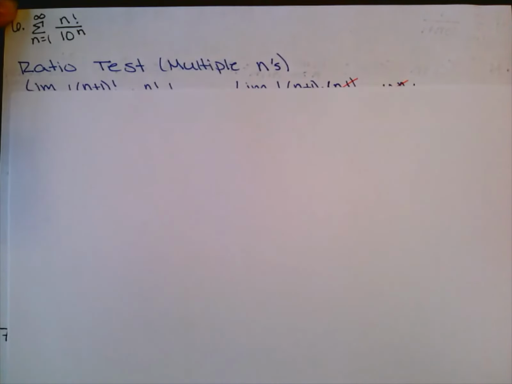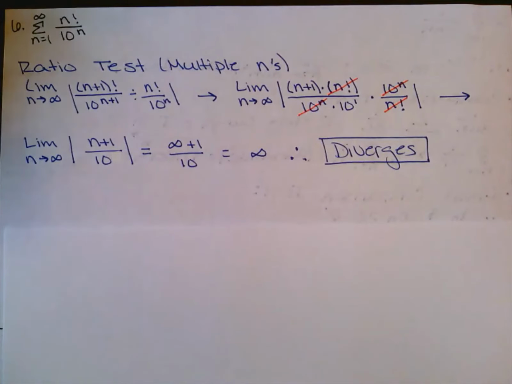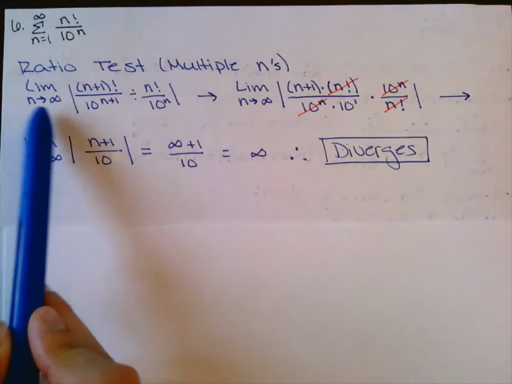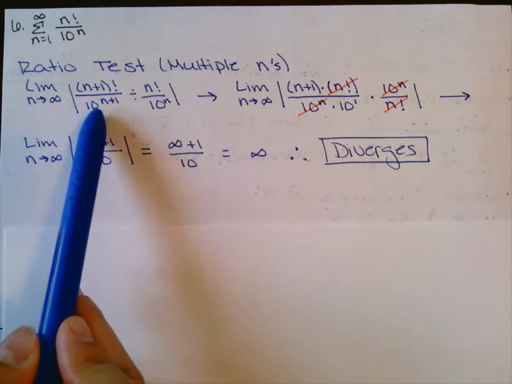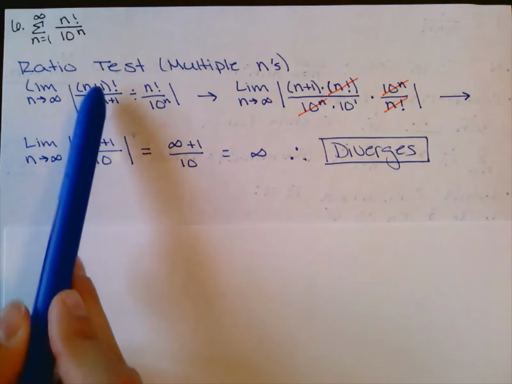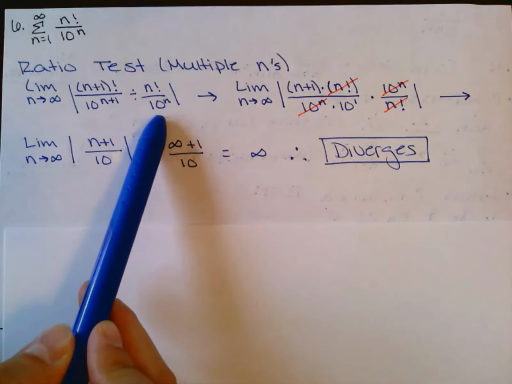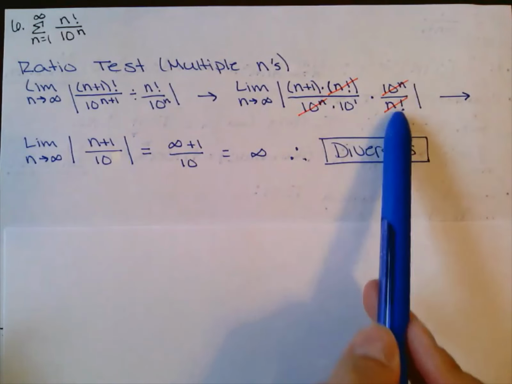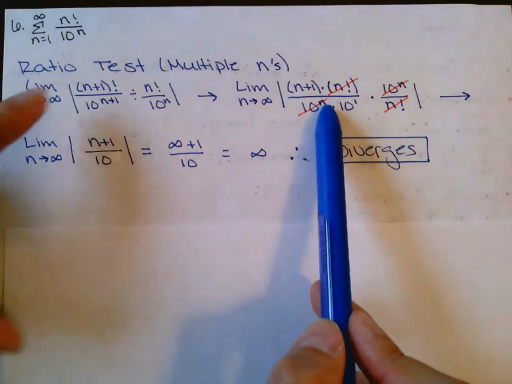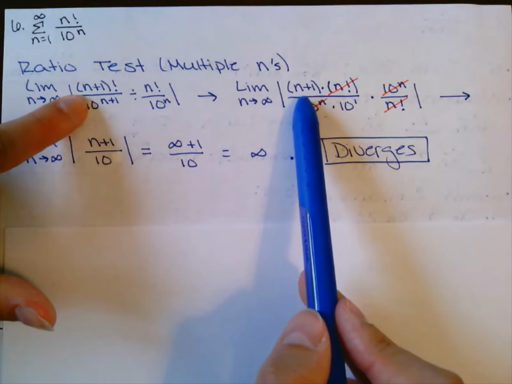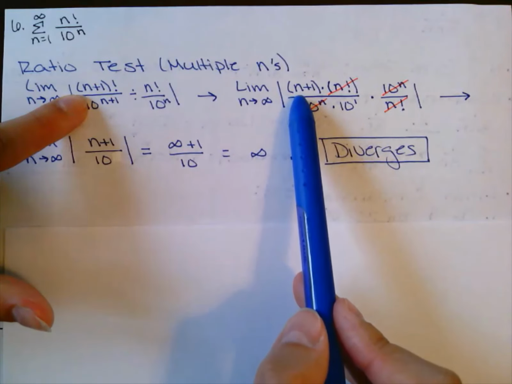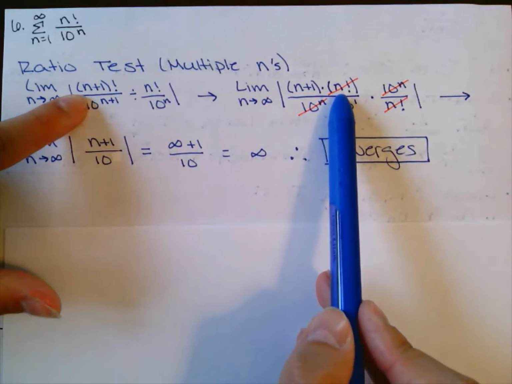Number 6, I see that there's an n factorial and an exponent of n in the denominator. So the fact that I see multiple n's makes me think of the ratio test, okay? So ratio test says that the limit as n approaches infinity of the original with 1 being added to the n's divided by the original, right? So then I do keep, change, flip on the right, and then on the left, remember that n plus 1 factorial can be rewritten as n plus 1 times n factorial.